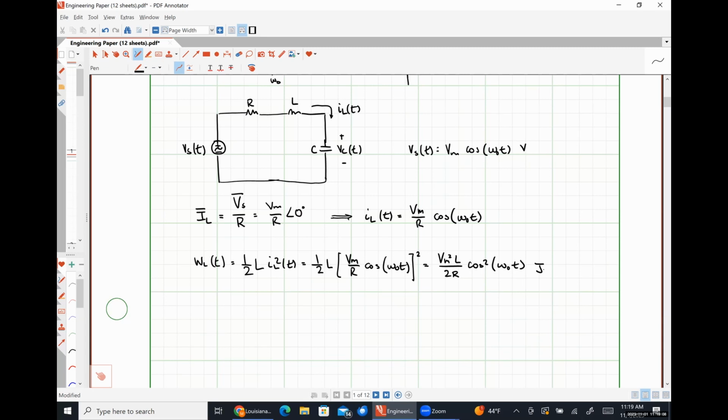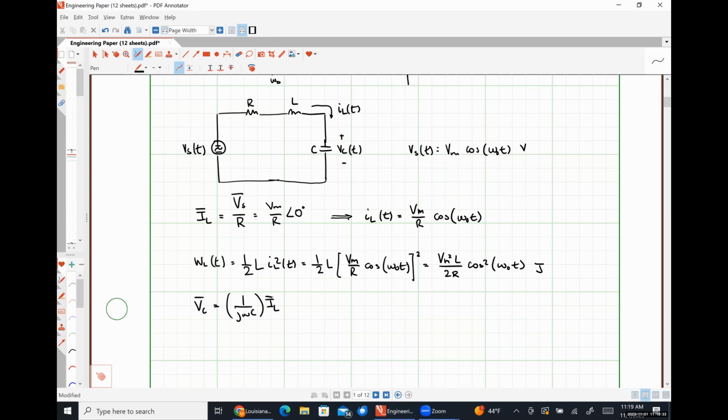So our phasor capacitor voltage is going to be 1 over j omega C times our phasor current, because since we have a series RLC circuit, our inductor current is the current flowing through the capacitor as well.